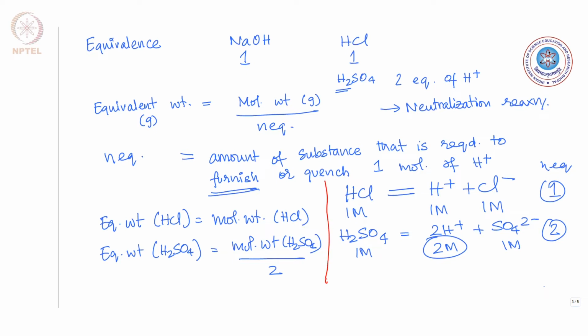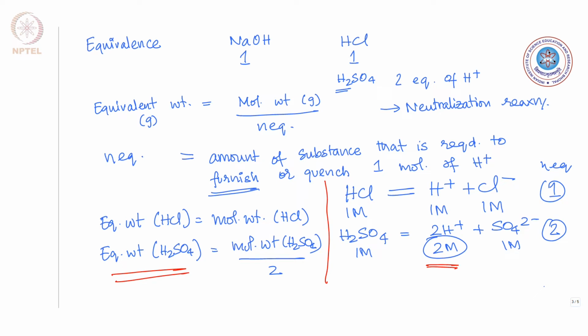This is important to understand because it gives us a perspective of what equivalence is. Once again, going back to the example we started with, if you have a 1 molar solution of NaOH, an equal volume of 1 molar HCl neutralizes it. On the other hand, for 1 molar NaOH, you just need half the volume of H2SO4, as it furnishes twice the amount of H plus ions.